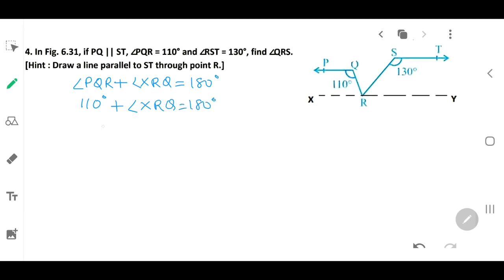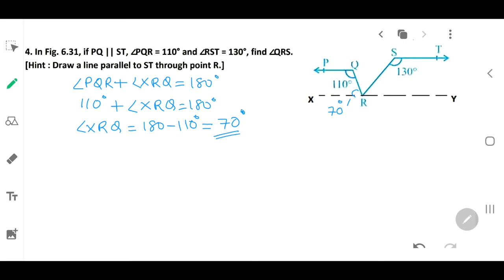Correct? So what will be XRQ? 180 minus 110 degree. Both you subtract. So how much you will get? 70 degree. So here this measurement we got 70 degree, that is XRQ.